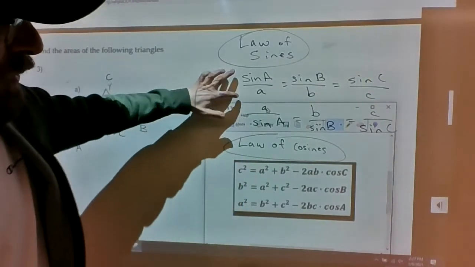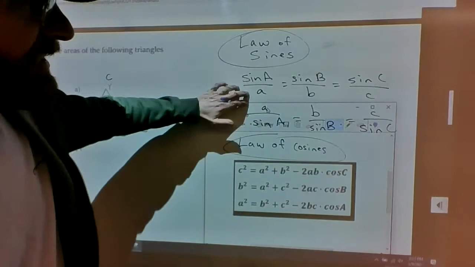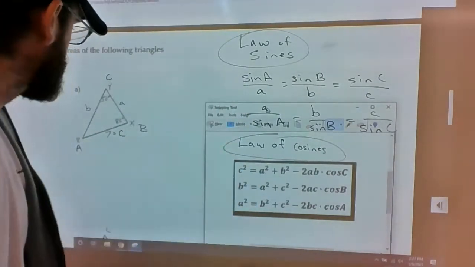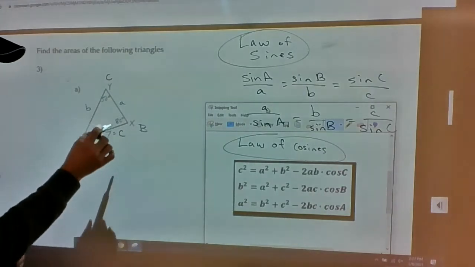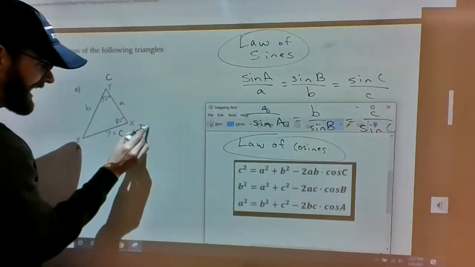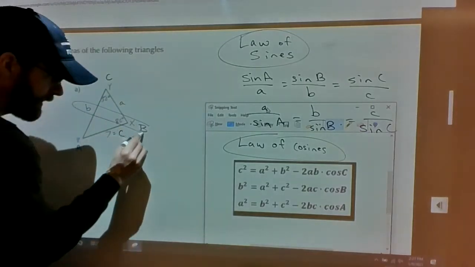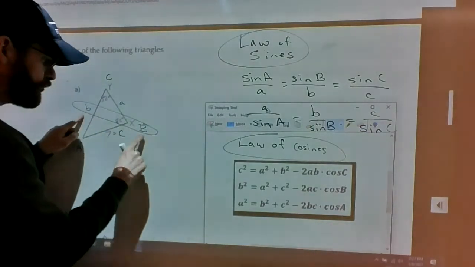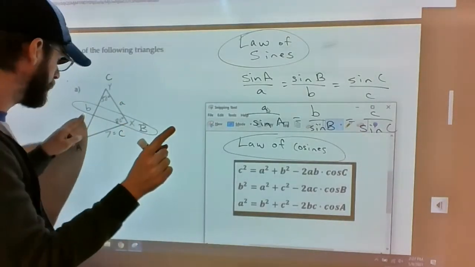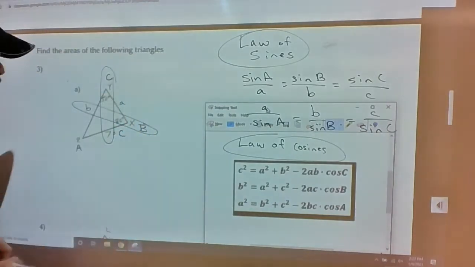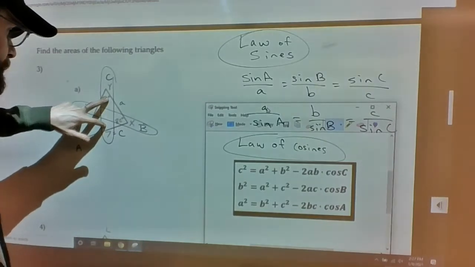One of the ways you can process which one of these you should use, law of sines versus law of cosines, is, do you have enough info about diagonals? So, the B's, you've got exactly one piece of info. The C's, you've got two pieces of info.